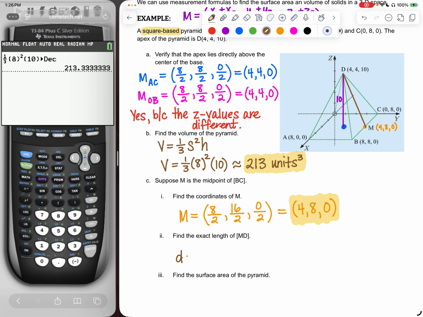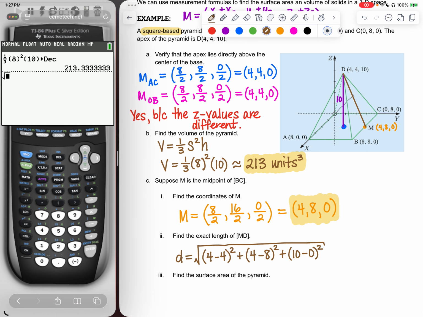If I want to find the length of that brown line, I just use the distance formula. So my distance is equal to the square root of, and I just subtract my x values, so that's going to be 4 minus 4 squared, plus the y values, 4 minus 8 squared, plus the z values, which is going to be 10 minus 0 squared.